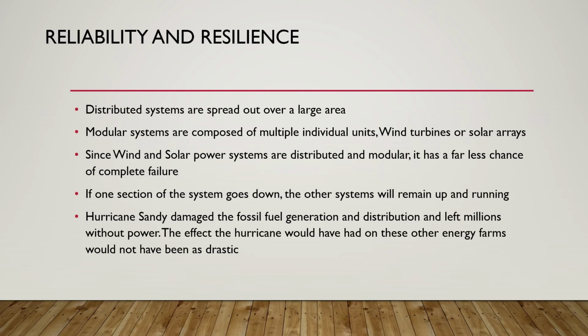The common form of systems being used for alternative energy tend to be more reliable and resilient. With a combination of a distributed system, meaning they're spread out over a large area, and a modular system, which means it's composed of multiple individual units, either wind turbines or solar arrays, these systems have less chance of crashing due to weather or other things, while fossil fuel generation is not as reliable.